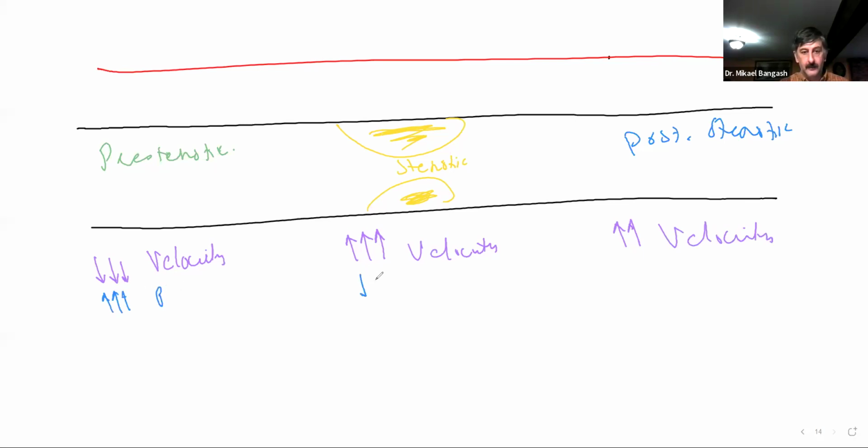So here we had the lowest pressure, and here we have a pressure which was low, but not as low as what we had at the stenosis.